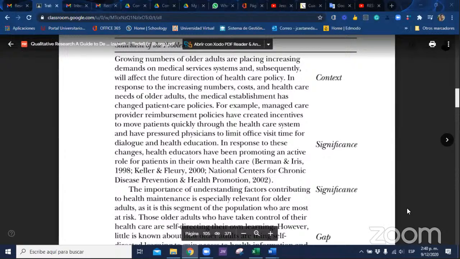So far we have the context, but pay attention to this. What is the difference between this description of the context and the previous example's description of the context? Or is it exactly the same? What can you notice?